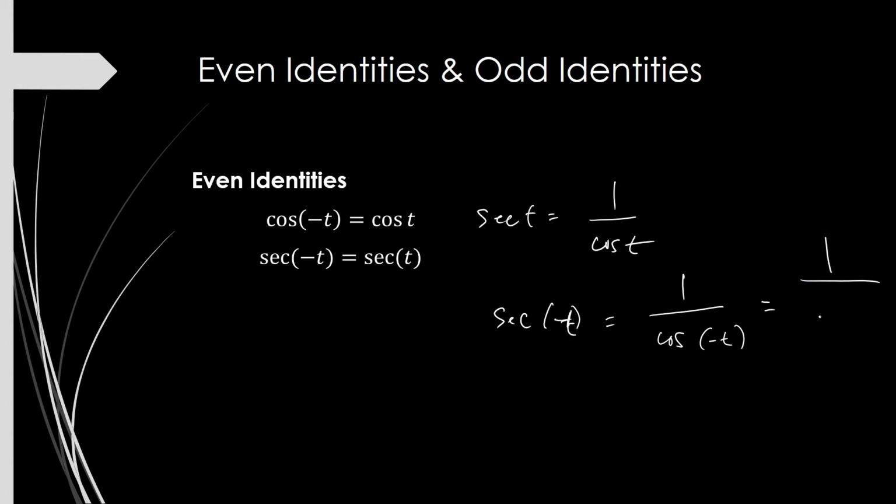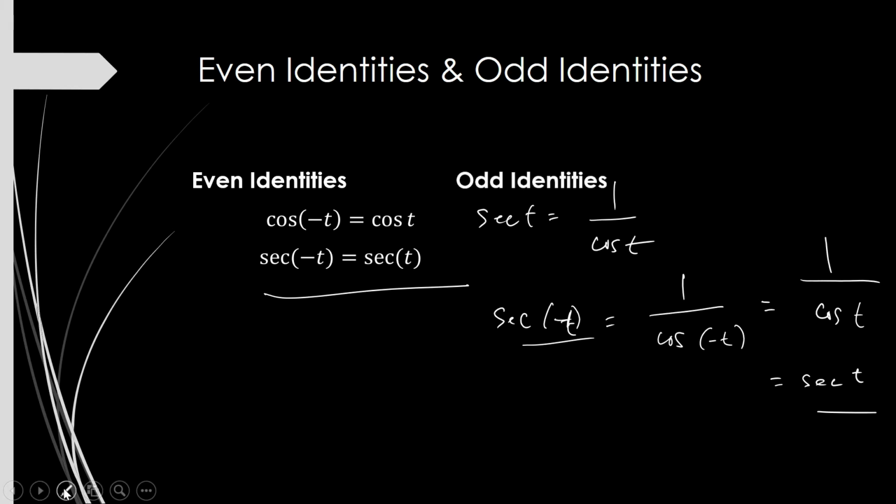So it's going to be equal to 1 over cosine of t, and this is secant of t. Look at that. So cosine and secant are even functions, and so we have these even identities.